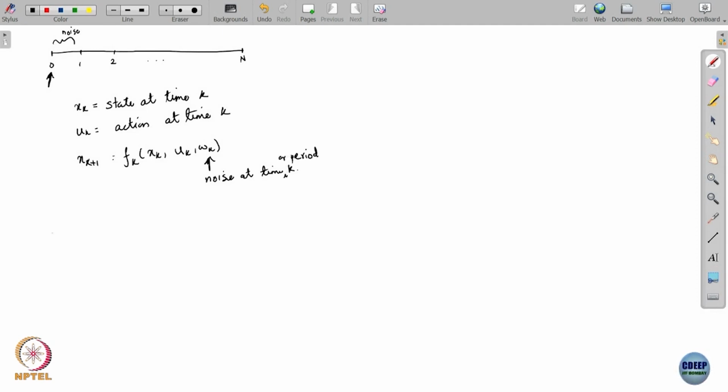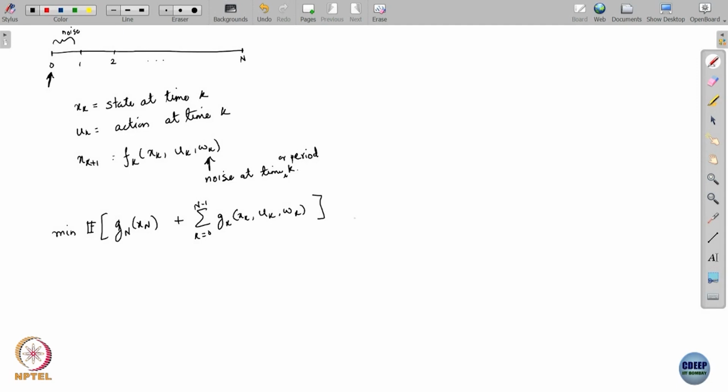And the problem was to minimize this cost, which was a sum of a terminal cost plus the sum from 0 to n minus 1 of costs at each time instant.